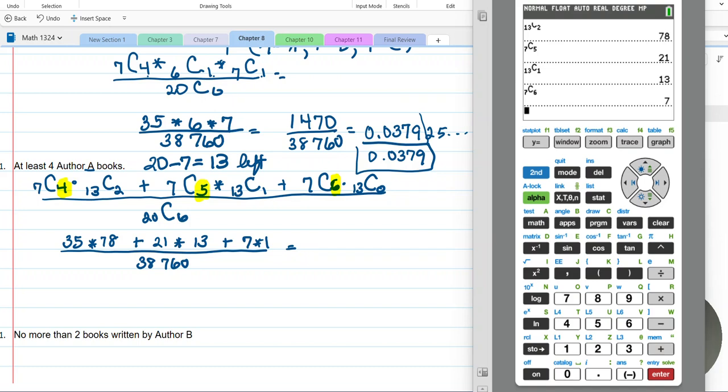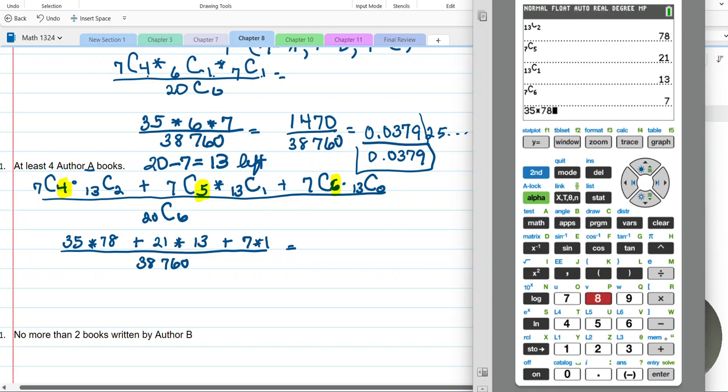So now we're going to just do the numerator. 78 times 13 plus 7.